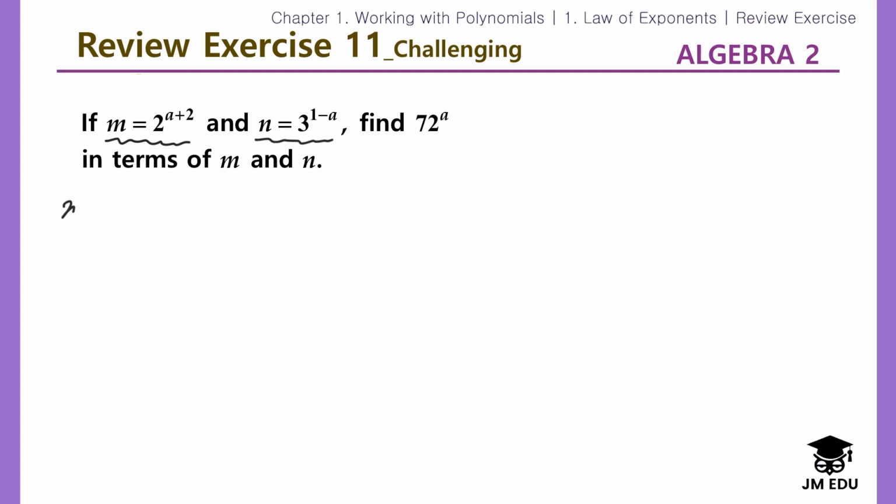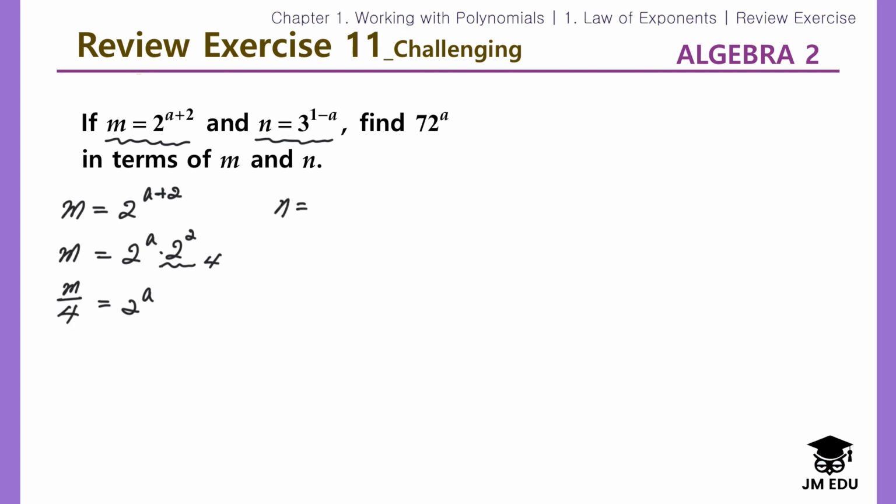So we have m is equal to 2 to the power of a plus 2. So that is equal to 2 to the a times 2 squared. And this is 4, right? So m is equal to 4 times 2 to the a, which means 2 to the power of a is equal to m over 4, right?